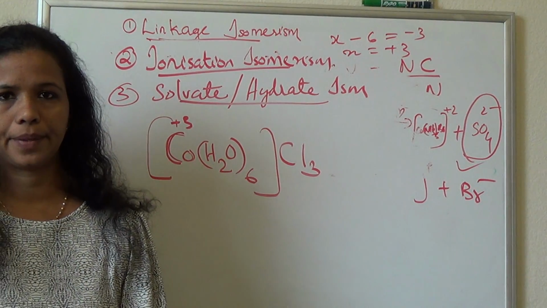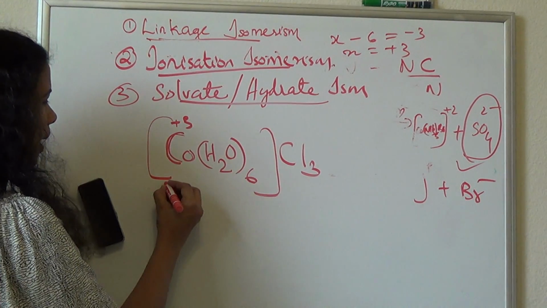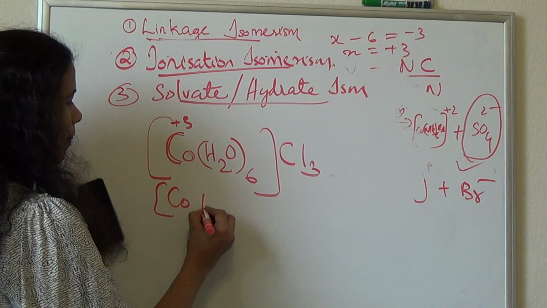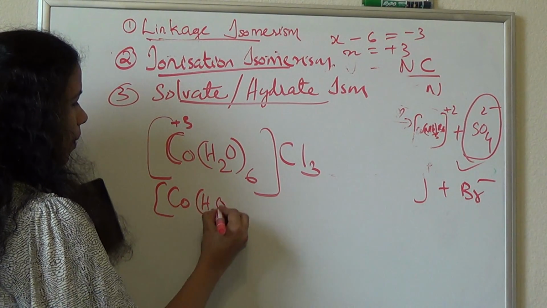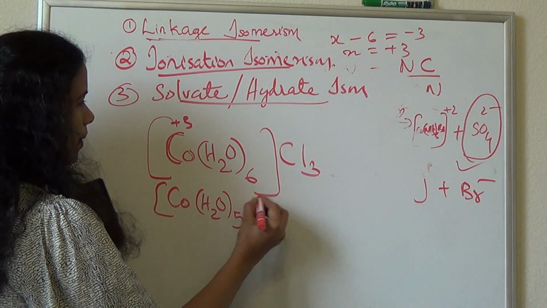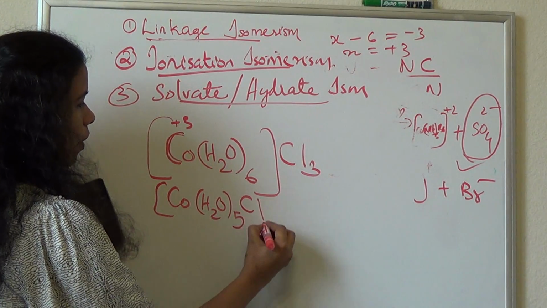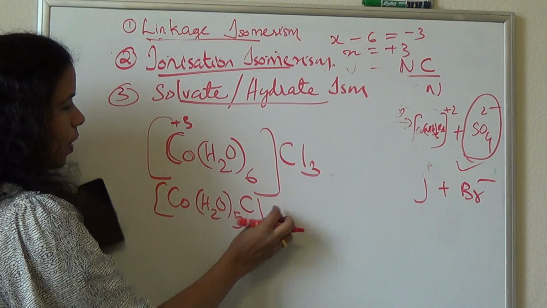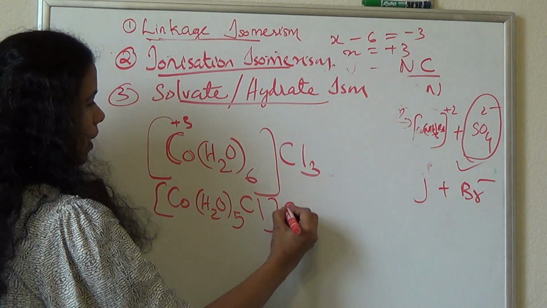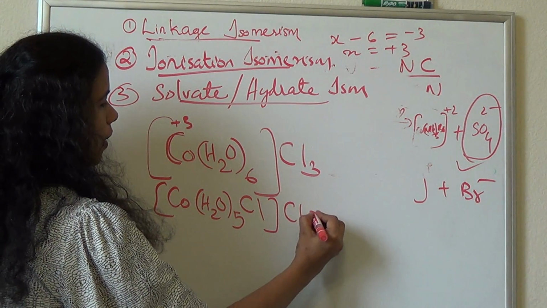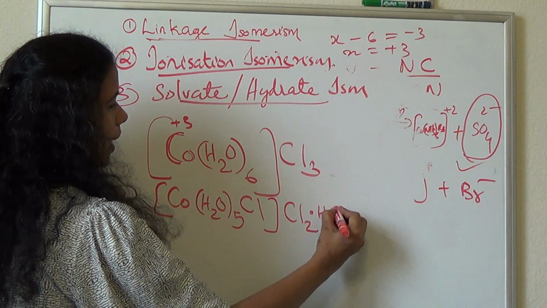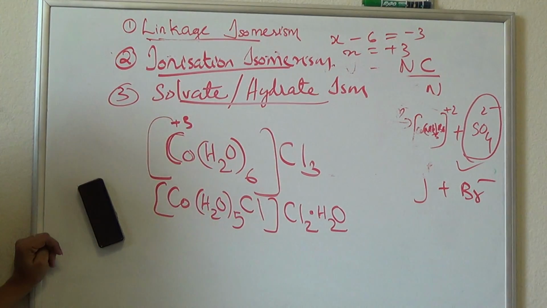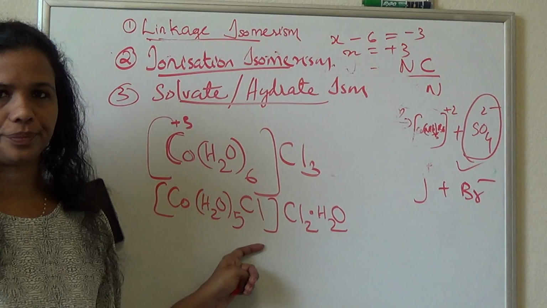That is the name. Then using the same I can write one more: Co(H2O)5Cl. Always the coordination number will be 6. So here 5 water, that means 1 chloride will be inside. Outside only 2 chloride and dot H2O because it is hydrated. What is the name of this?